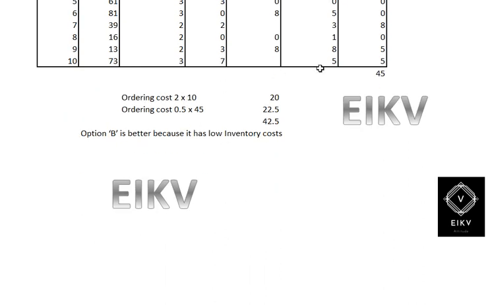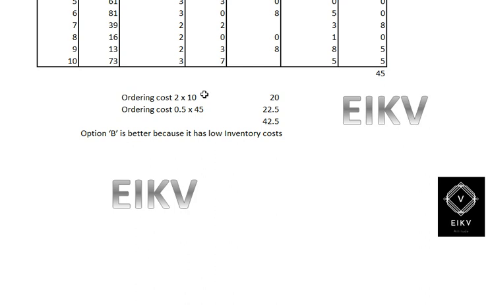Over here, when we take the sum, we have 45 quantity of books as closing stock. Therefore the carrying cost will be 0.5 into 45, and we have made 2 orders. The ordering cost will be 10 per order.